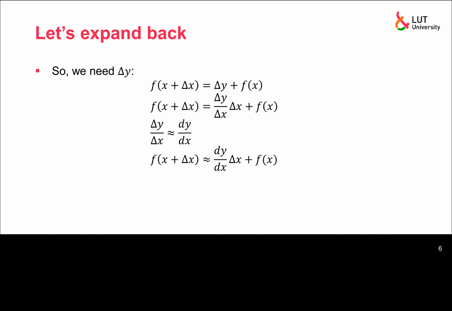So how do we get that? When we know the derivative, or dy over dx, we can use that as an estimate of delta y over delta x, and times delta x, of course, where delta x is the amount of change we want to predict.